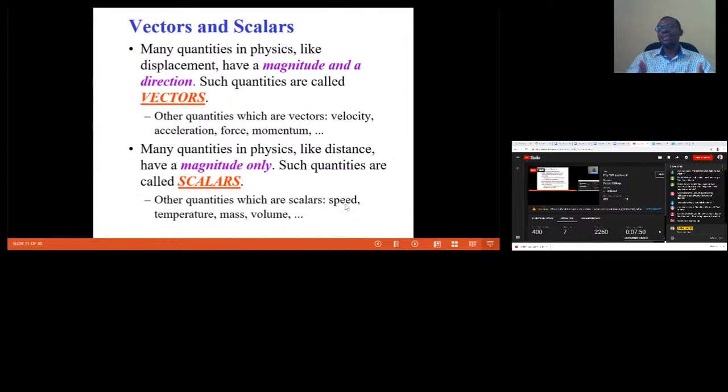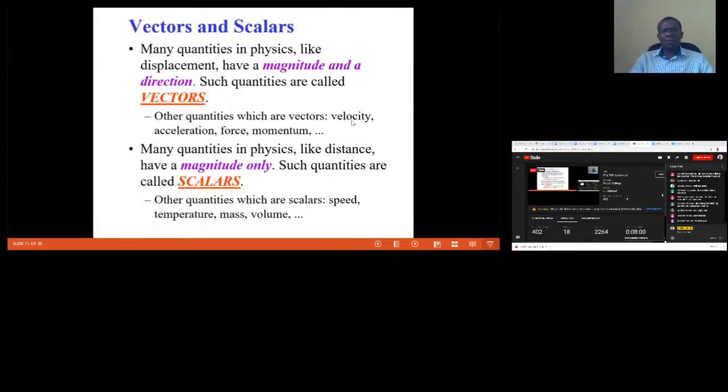When we talk about speed, it has no direction associated with it. Temperature is just a scalar quantity. Mass is a scalar quantity because you cannot say the mass of an object is 10 kg in a particular direction. It doesn't make any sense. On the other hand, vector quantities are those quantities that have both magnitude and direction associated with them. You cannot speak of just the magnitude for such quantities.